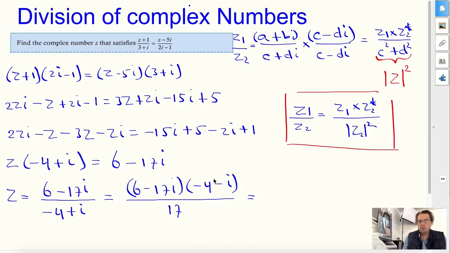And I'm going to work this out, and it will end up to be negative 24 - 6i + 68i, and then it's going to be a negative 17.